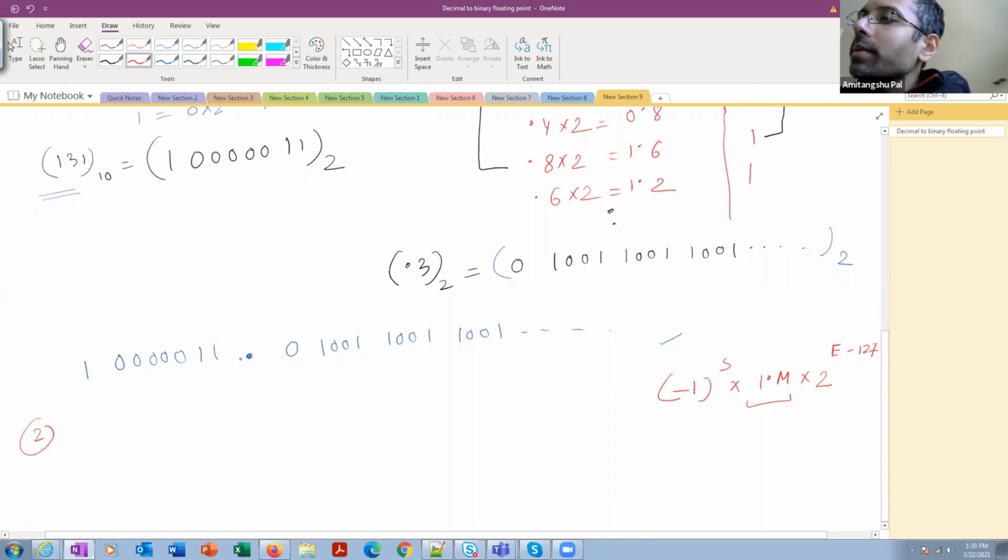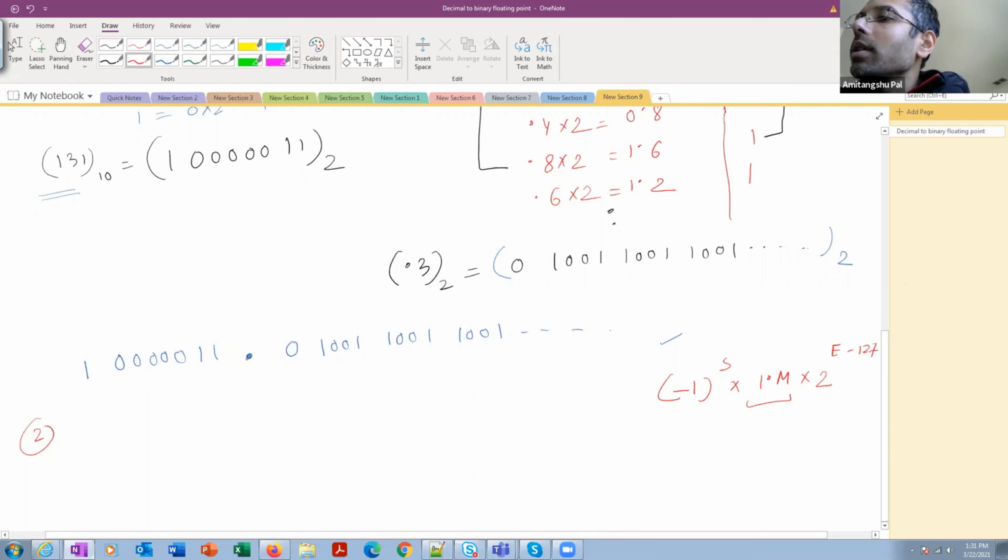The convention is that whenever you move this point one bit to the left, you need to multiply this number by 2. If you come from here to here, you multiply by 2; from here to here, 2 square; here to here, 2 cube; 2 to the power 4, 2 to the power 5, 2 to the power 6, 2 to the power 7.